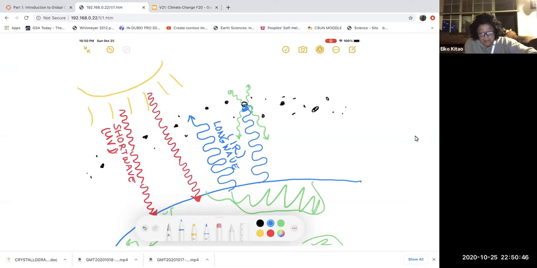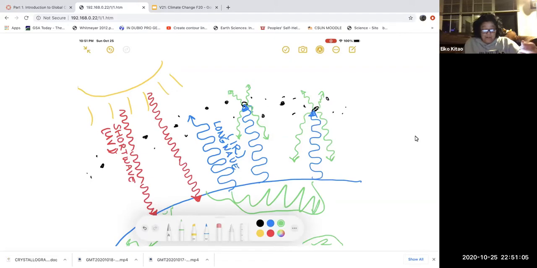And so you get enough of these coming out, right? And they keep hitting these gases, and those gases keep re-emitting the heat back down into the Earth's surface. Then we'll give it a little bit of stuff leaving, a little bit of stuff leaving.